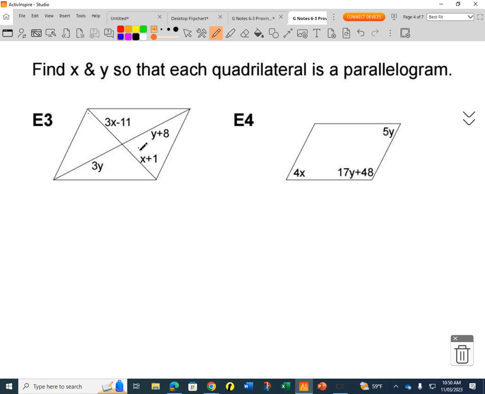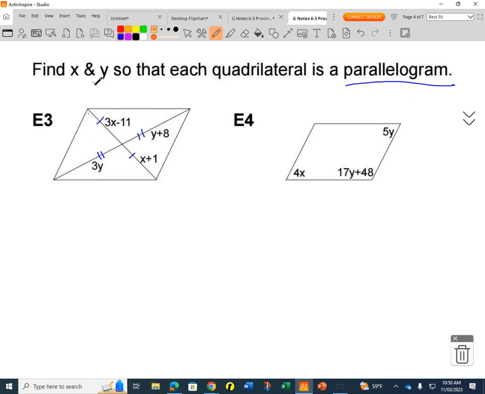All right. Tyron's right. These are the measures of the segments. If this is a parallelogram, we would know that this segment has to be congruent to this one, and this one has to be congruent to this one. So this diagonal is split into two segments. Both of those segments have a measure that includes a y, so it's going to be easy to set those equal to one another and solve for y.